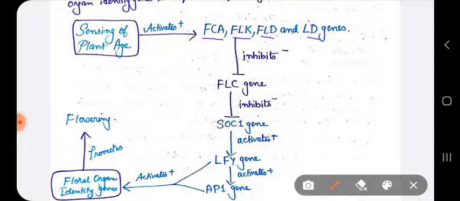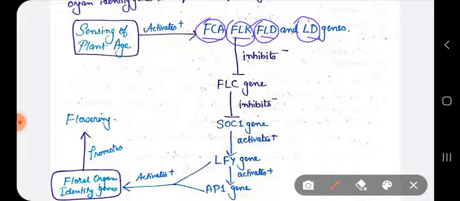Again, I repeat. So, when a plant achieves its reproductive maturity, it activates some of its genes like flowering control locus A gene, also called FCA, flowering locus K gene, flowering locus D gene, and luminidependens gene.